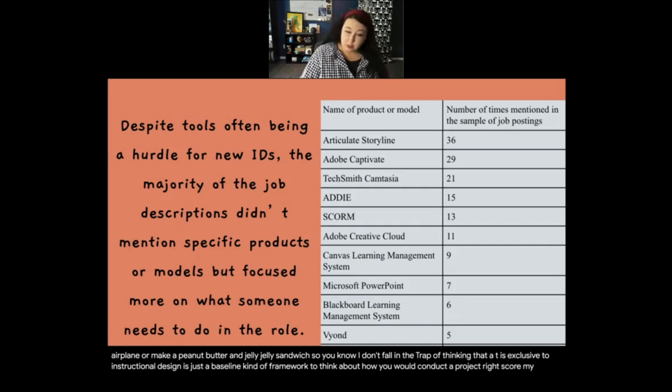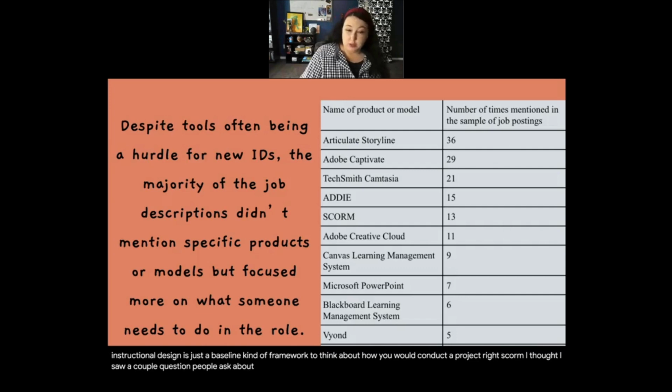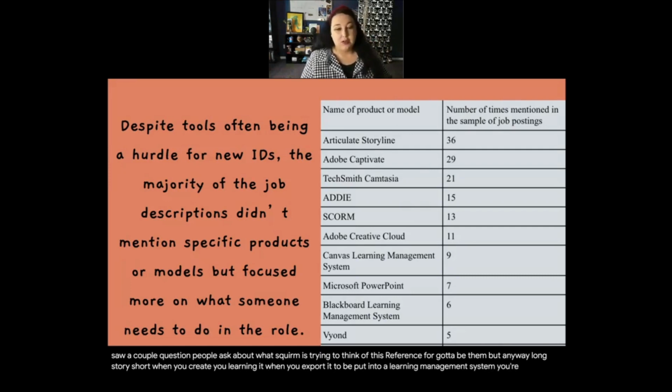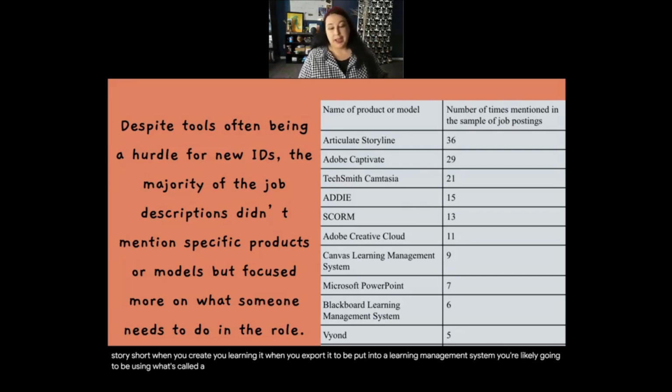SCORM, I thought I saw a couple people ask about what SCORM is. Trying to think of a scalable cloud object reference. Forgot the M. But anyway, long story short, when you create e-learning and export it to be put into a learning management system, you're likely going to be using what's called a SCORM package.